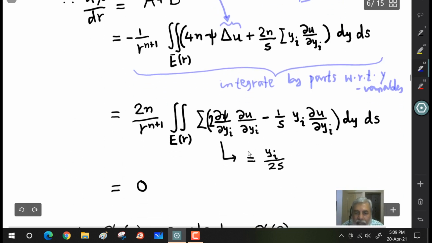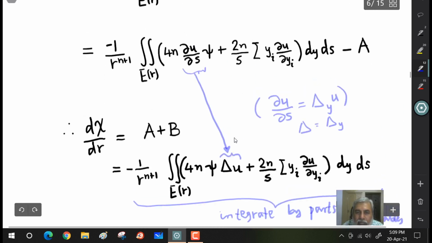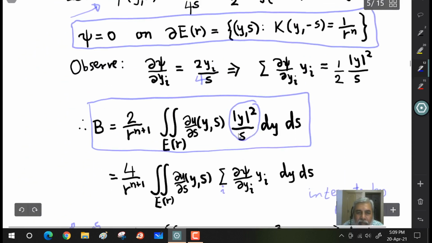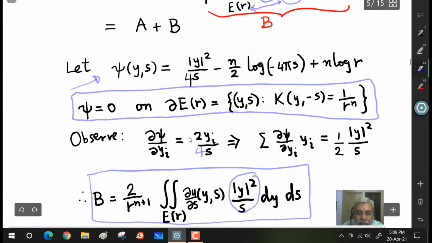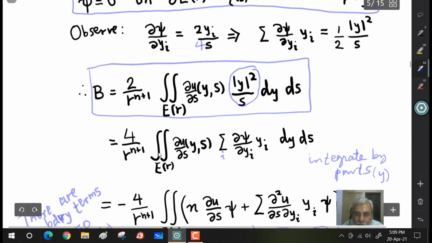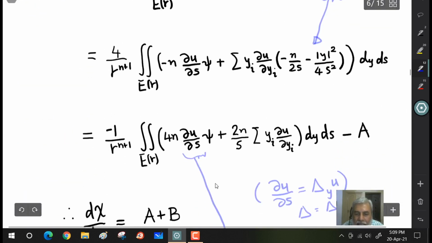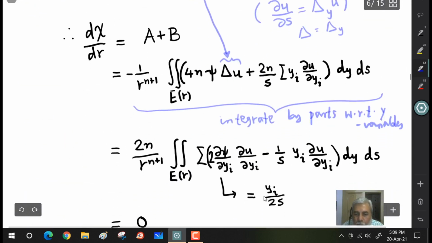And finally again you go back to the definition of psi and differentiate that with respect to yi, we have already done, and that is precisely yi by 2s. There is a 2 there, so you get yi by s.